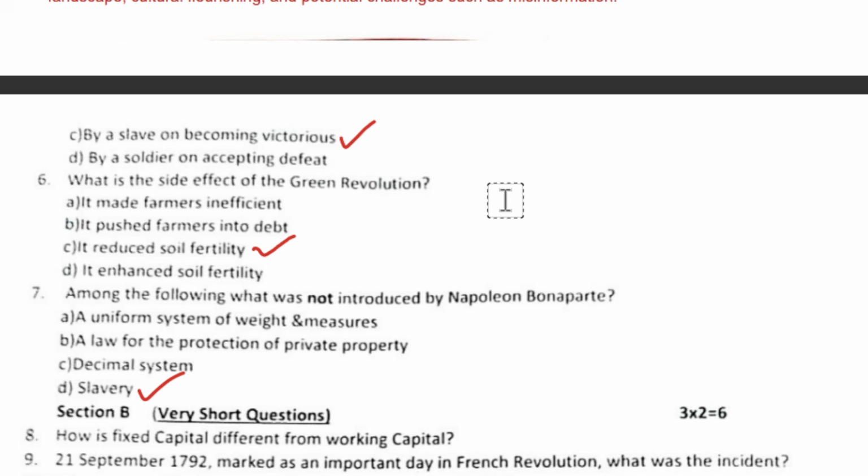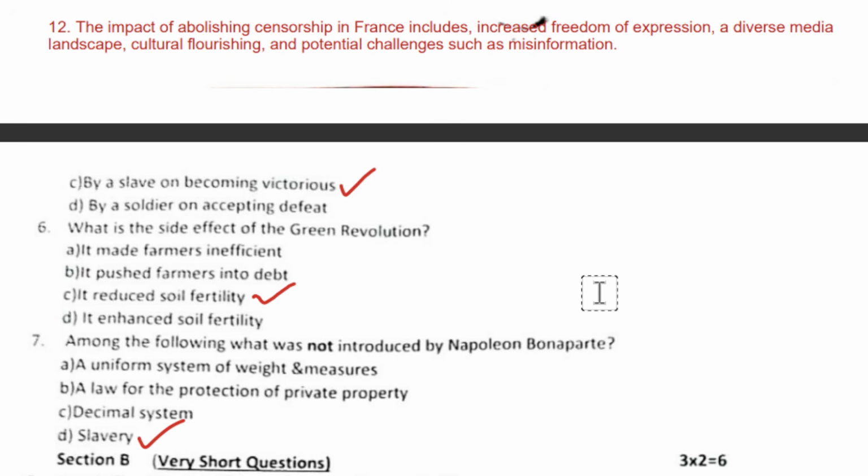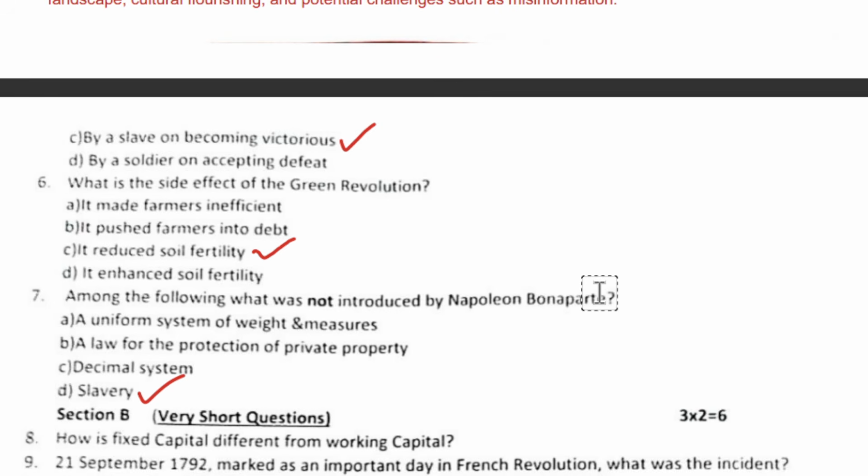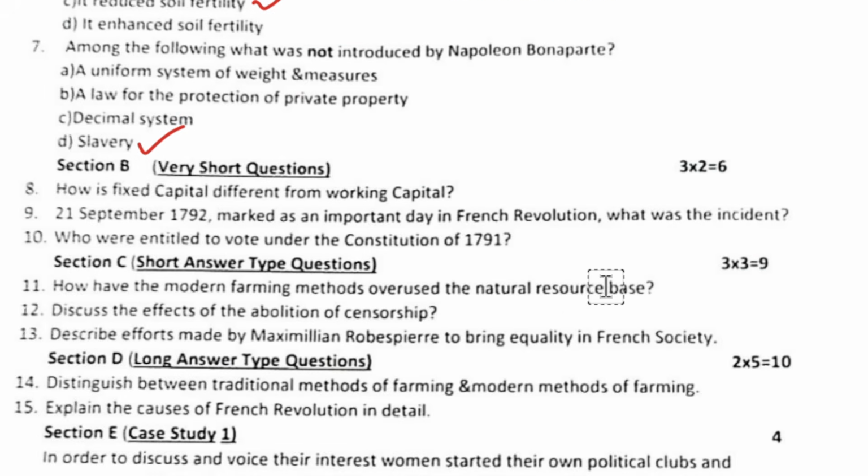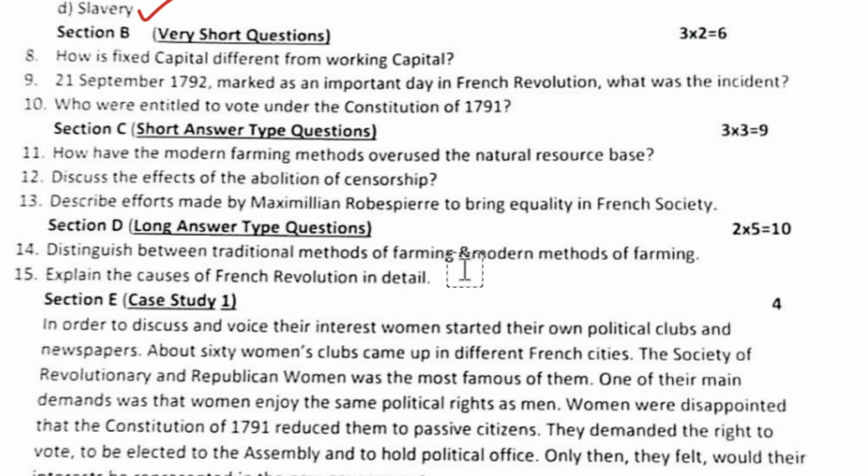Okay. So you can copy this answer. The impact of abolishing censorship in France includes increased freedom of expression, a diverse media landscape, cultural flourishing, and potential challenges such as misinformation. Okay, so the next question.